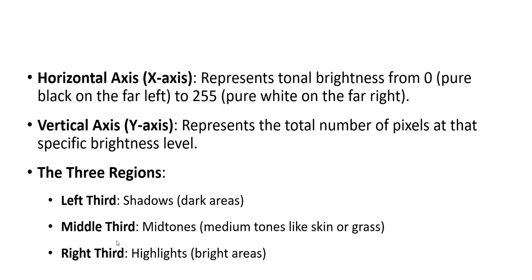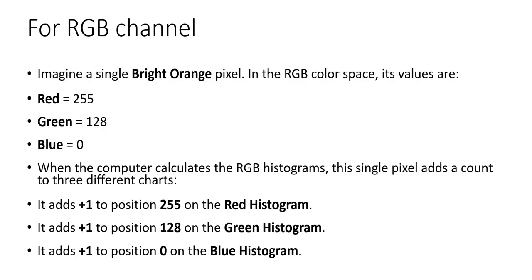If the right side has more, that means there are more bright areas. If the center has many, it has more median tones. And if the left half has more pixels, that indicates a lot of shadows.